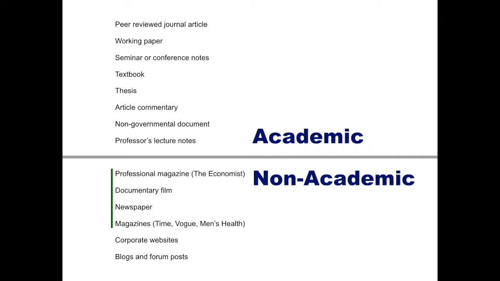In newspapers, you have political biases, so you may have heard of left-leaning and right-leaning news sources. Documentary films are often trying to change your perception or your view of certain events. And even professional magazines might have a bias towards a certain direction.